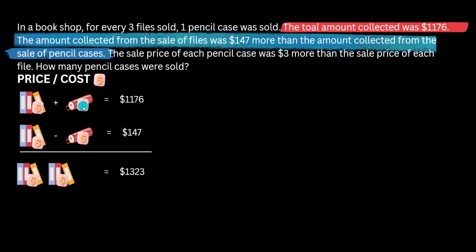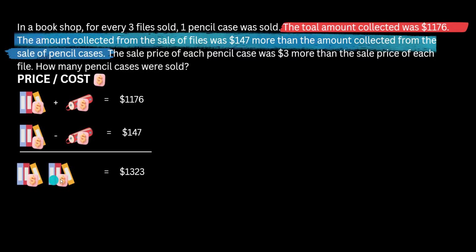That is a plus here and this is a minus here, which means they will get cancelled and will result in 2 times the amount of money collected from the files, and that is equal to this plus this, which becomes $1323.